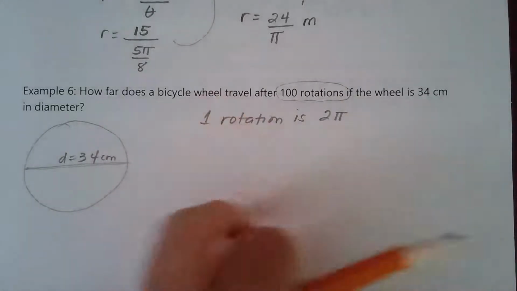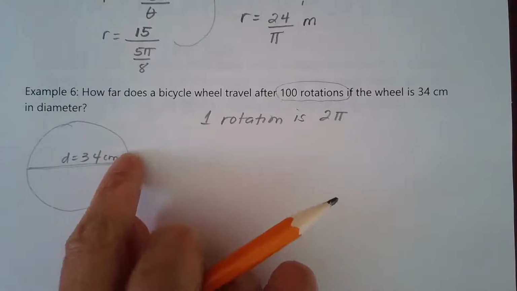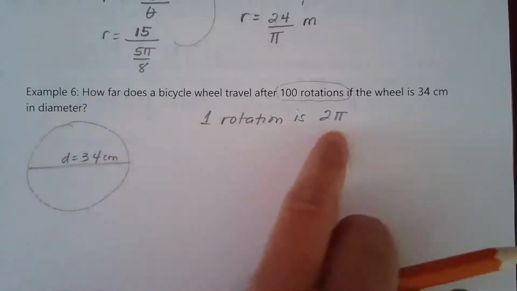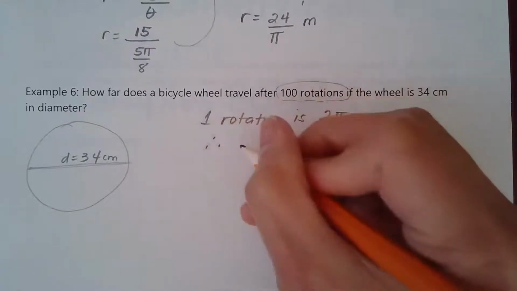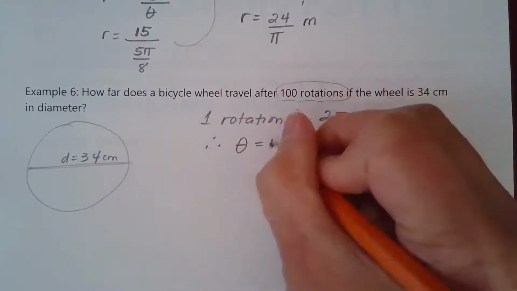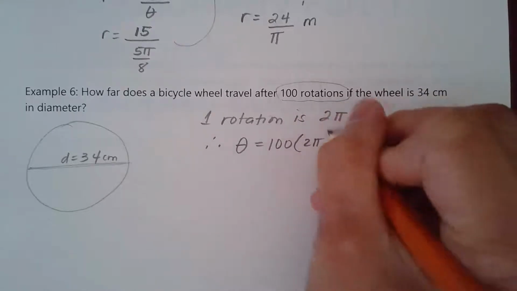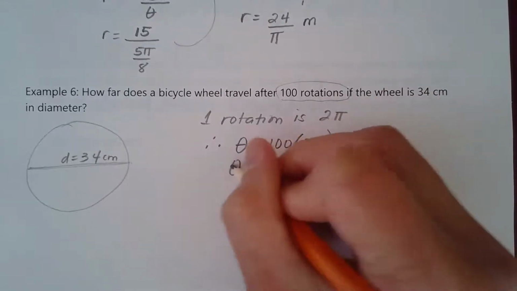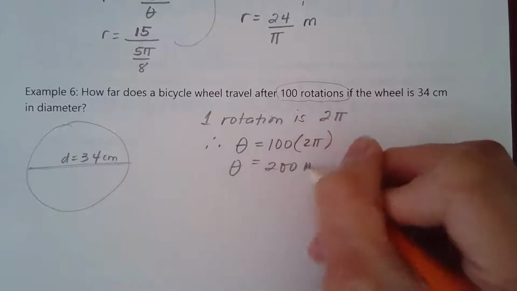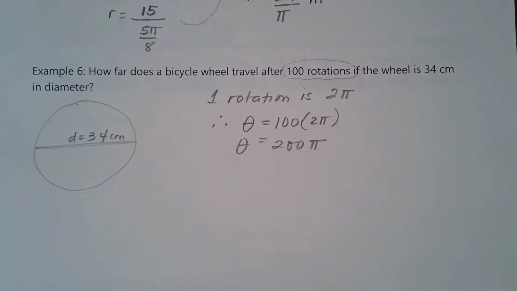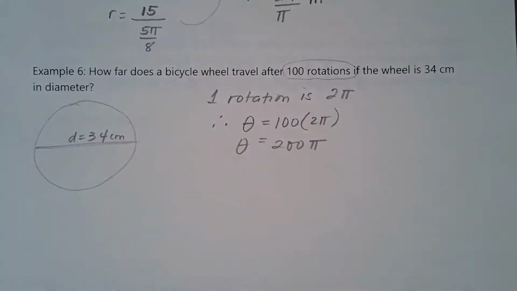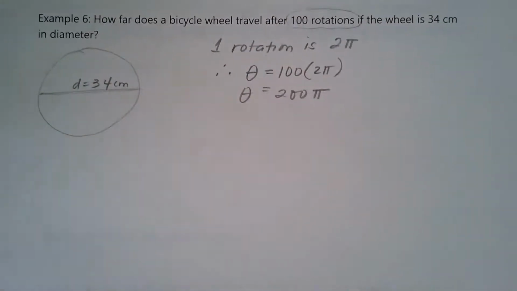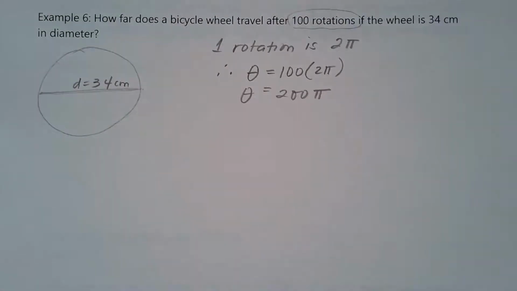It's going to rotate 100 times 2 pi. So therefore, theta is equal to 100 times 2 pi, which is 200 pi. Okay, so that means the angle is 200 times pi.